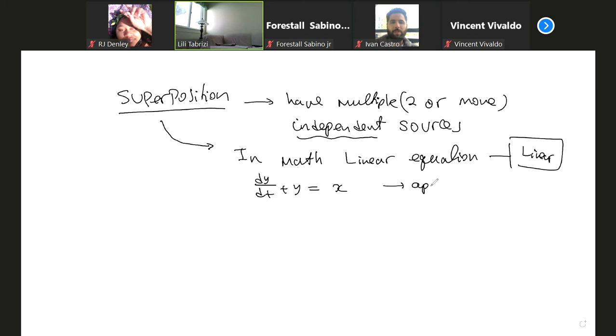If you apply x1, you solve the differential equation and find y1. If you apply x2, you solve it and find y2.